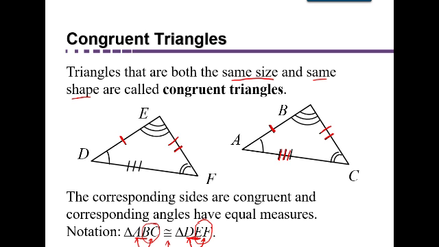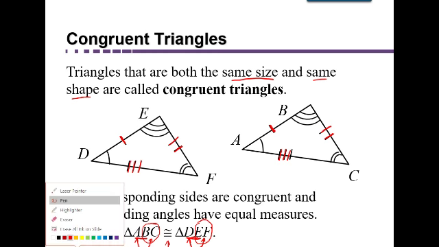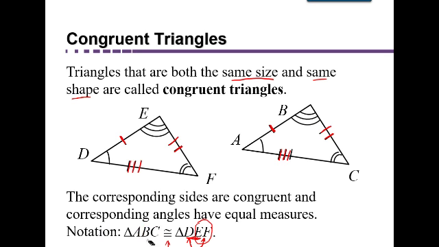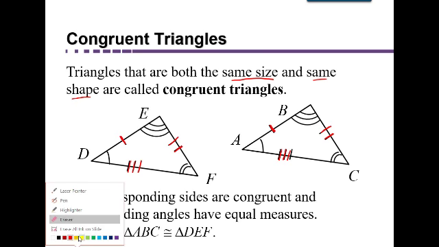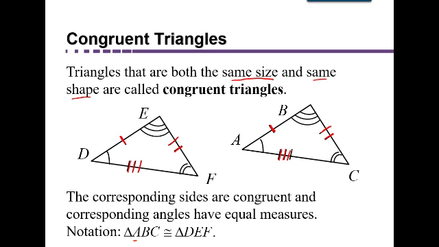So the position of the letters in the statement triangle ABC is congruent to triangle DEF is important. It not only gives you the relationship between the lengths of the sides, but also the angles. So angle A, for example, is the same as angle D, same measure.